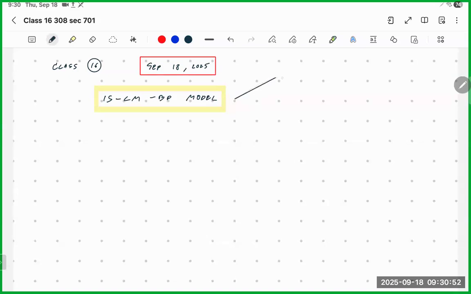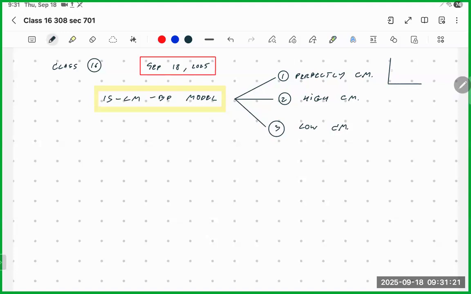One is the perfectly capital mobility country. Number two is the high capital mobility country, and number three is the low capital mobility country. The difference between these three countries is just the BP curve.